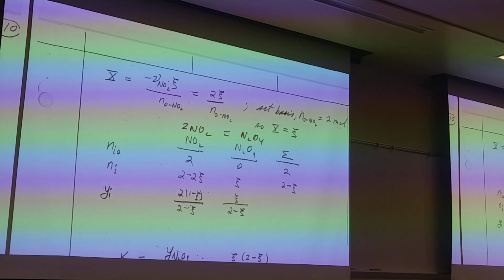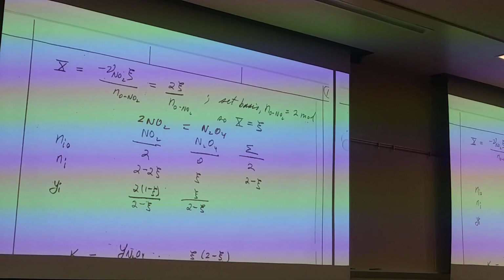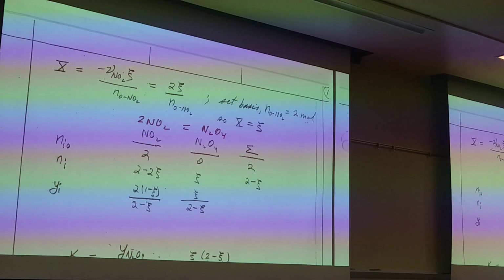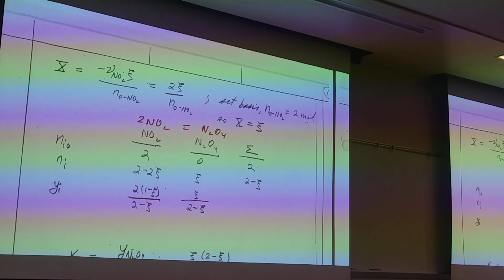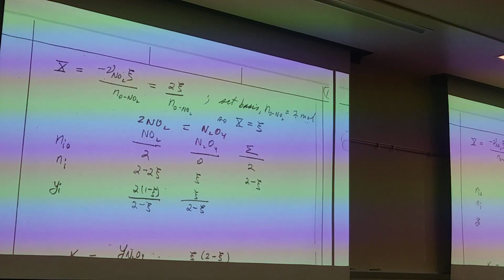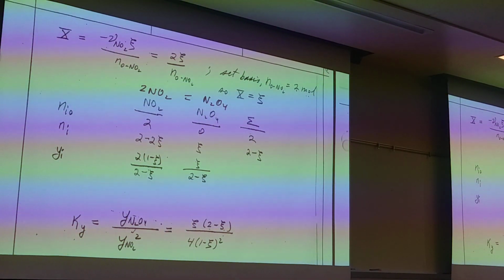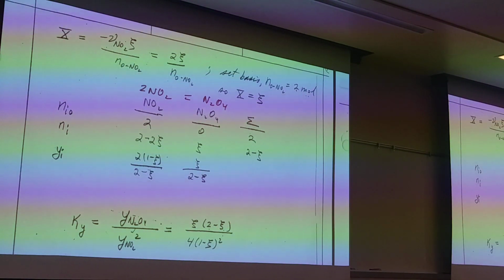So now I can set X equal to xi if I choose the basis equal to the absolute magnitude of the stoichiometric coefficient for the reactant, in which case is NO2, and that stoichiometric coefficient is -2, so it's 2 moles. So we set the basis here at 2 moles of NO2 to start with, no N2O4 to begin with, so I can just do the usual stoichiometric table.